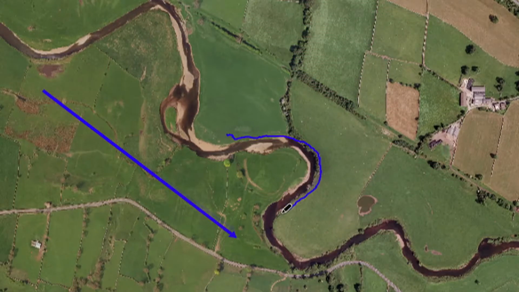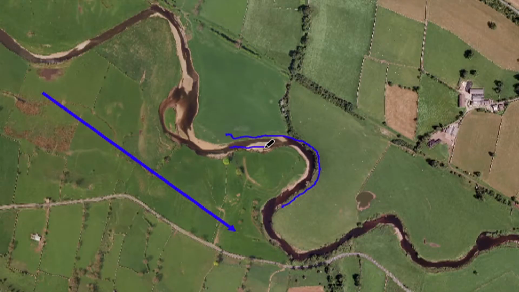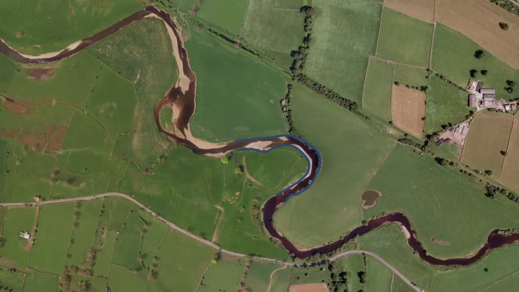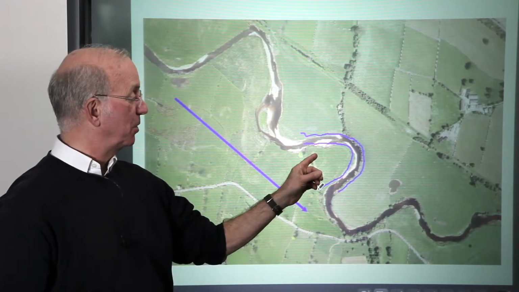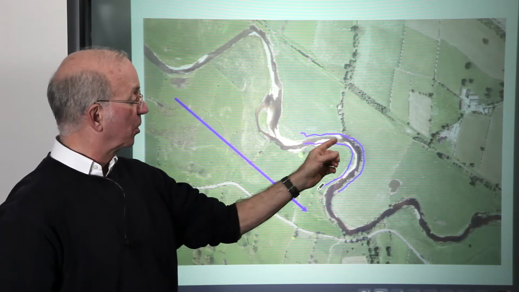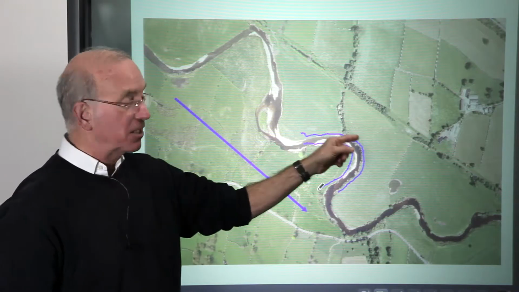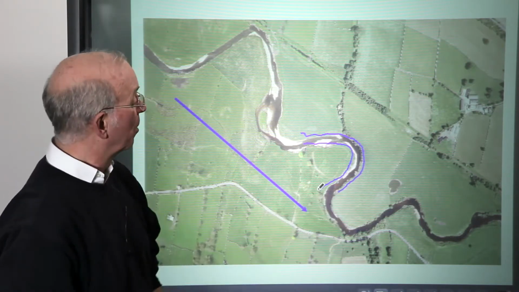On the inside bend, there, going round there, you can see the white material is a river beach. So this side erosion, this side deposition, this is the concave slope, and this is the convex slope.